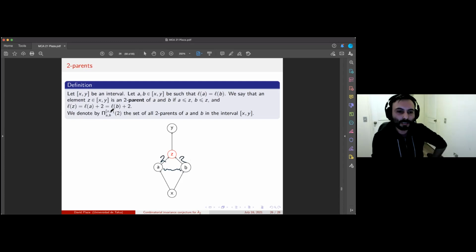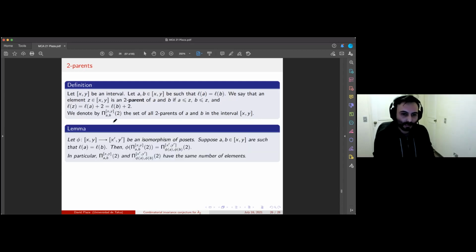We denote by this symbol the set of all two-parents of a and b in the interval [x,y]. And as before, the cardinality of this set is also a poset invariant.